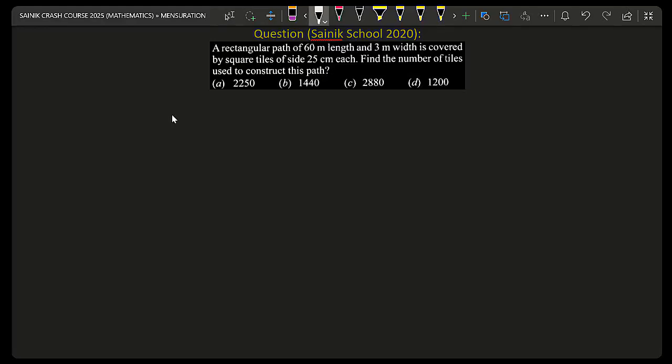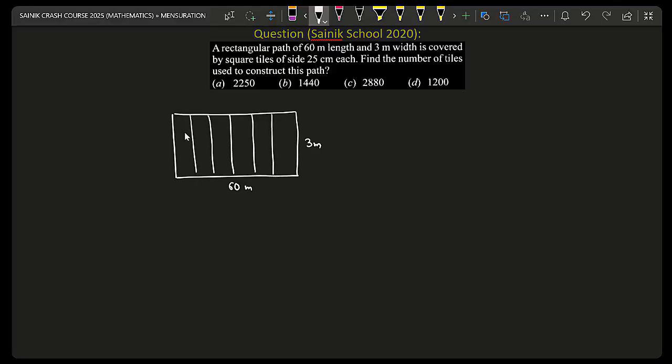Okay, first of all, the entire path is in which shape? The rectangle. What are the dimensions? 60 meters, 3 meters. Okay, and it should be covered by some small square tiles, right? Yes, sir. How many tiles we don't know, we need to find that.